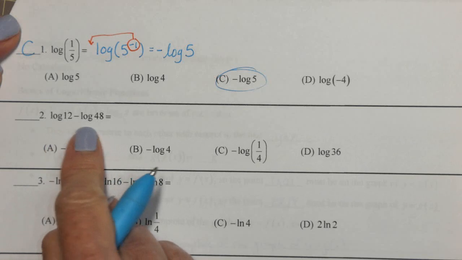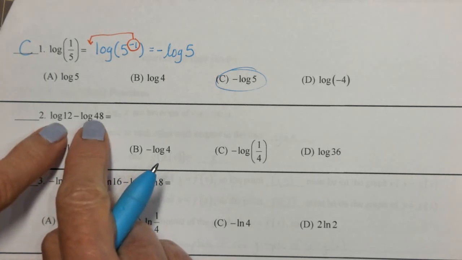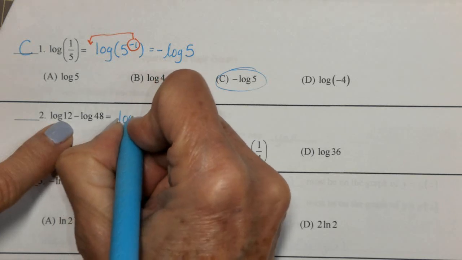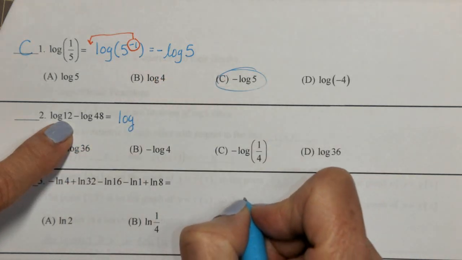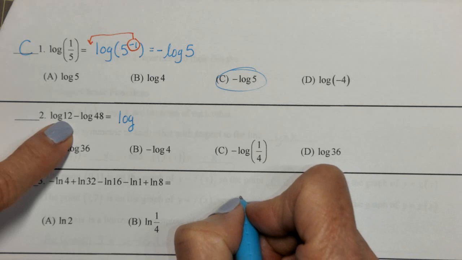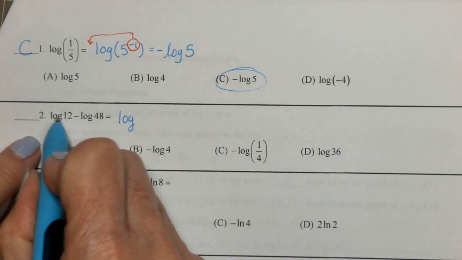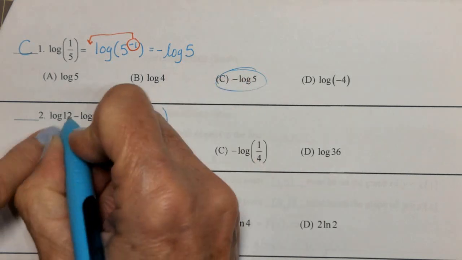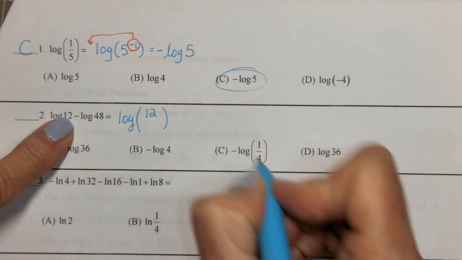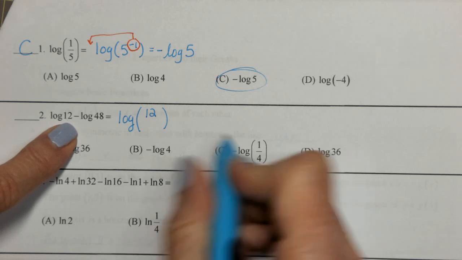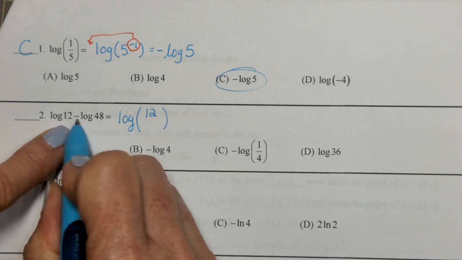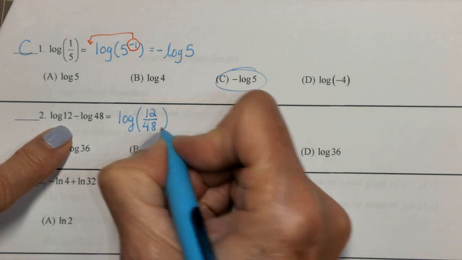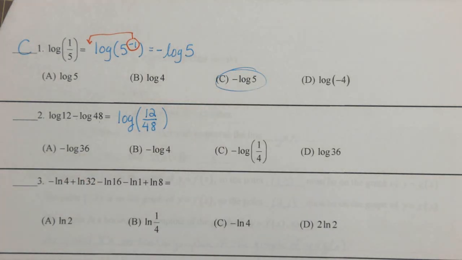What about this one? What can we do with this one? Well, if I see two logs with the same base, I'm going to think about combining those and making them one log. Okay? So the 12 was with a positive log, so a single log would have that 12 in the numerator of its argument. The 48 is from a negative log, so the 48 will be in the denominator of the argument on the single log.